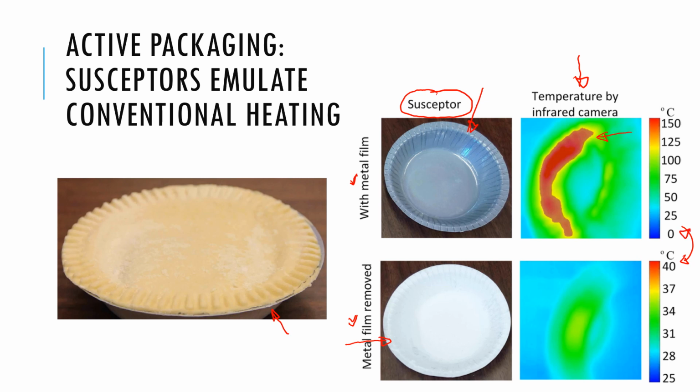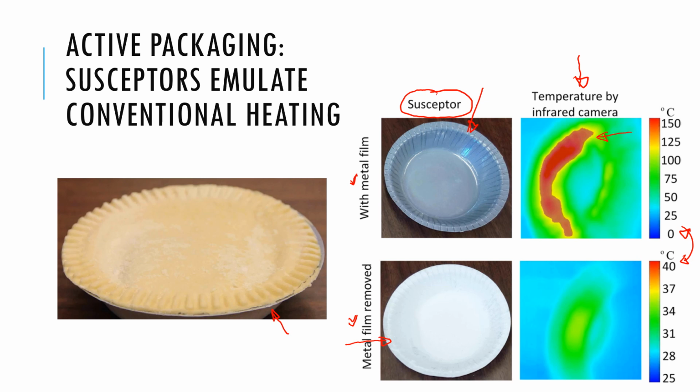and you can see vast difference in temperature. So when it gets this hot, then it can emulate conventional surface heating. So it will be heating from the surface. It can remove moisture from the surface, keep food crispy, and all the advantages of conventional heating. So that emulation of conventional heating is the primary application of susceptors.